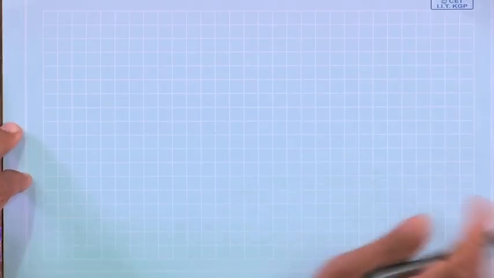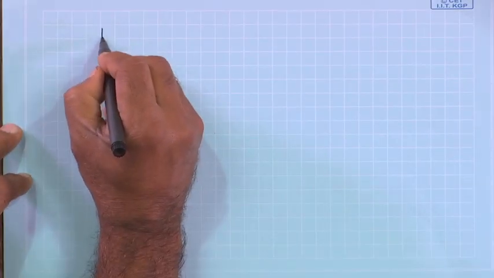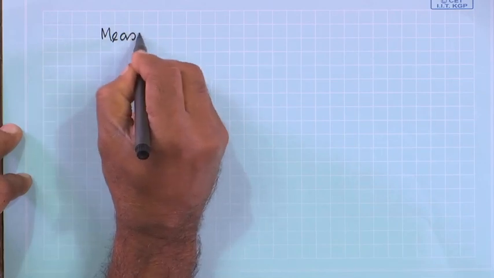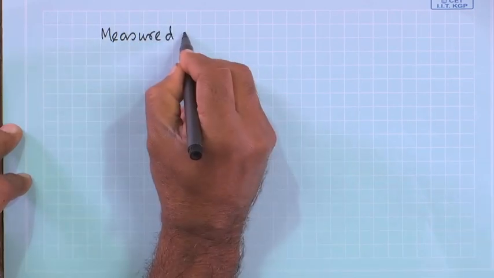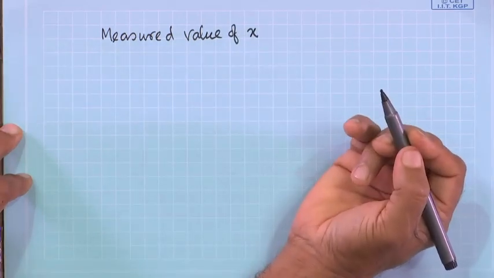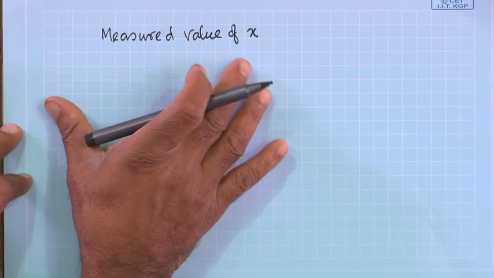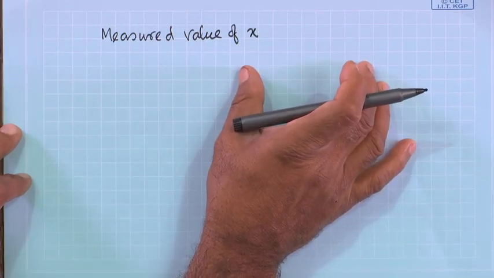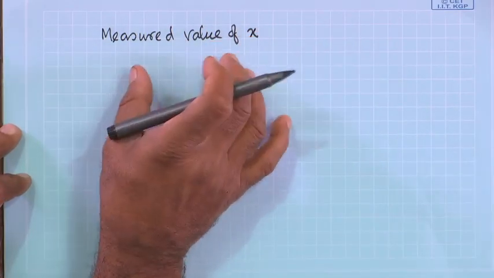There are some common things we should know. When we measure some parameter, say x, how do we express the measured value of x?